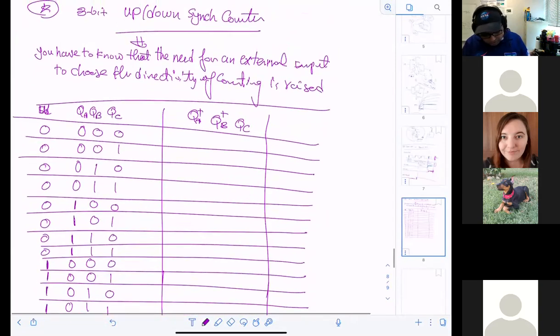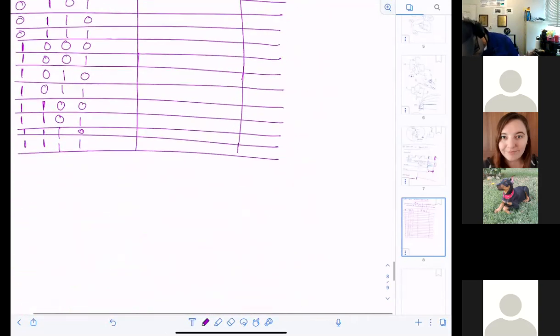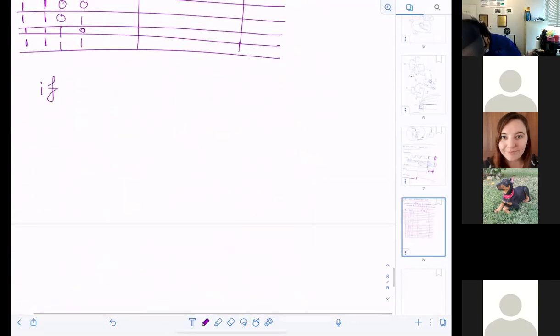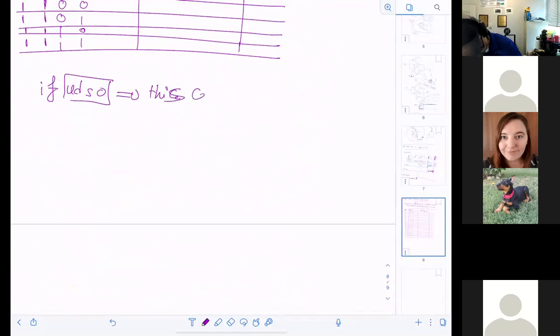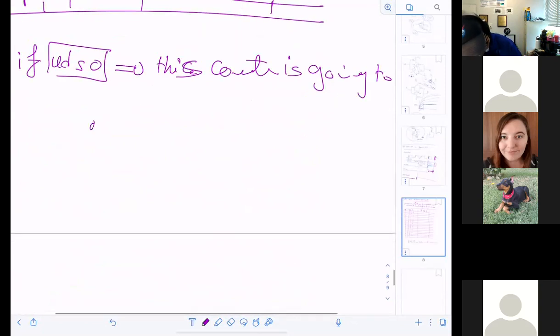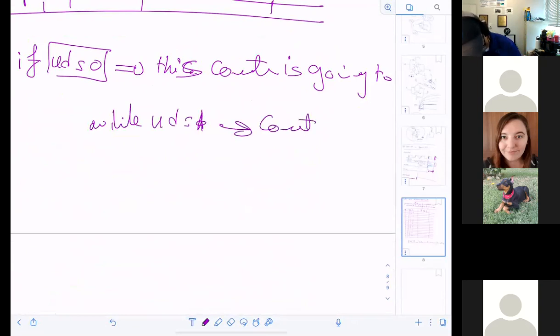Our assumption, because we are designing: if UD is 0, this counter is going to count up, while UD equal to 1 counts down.